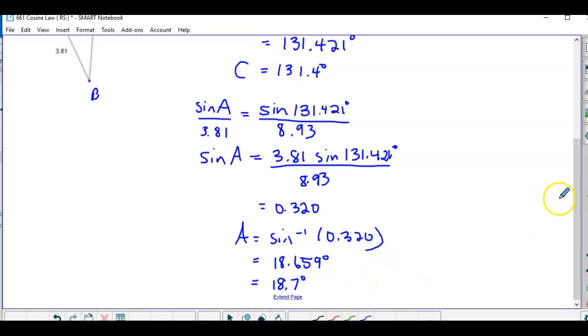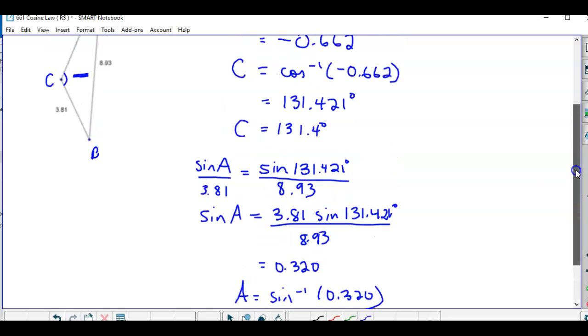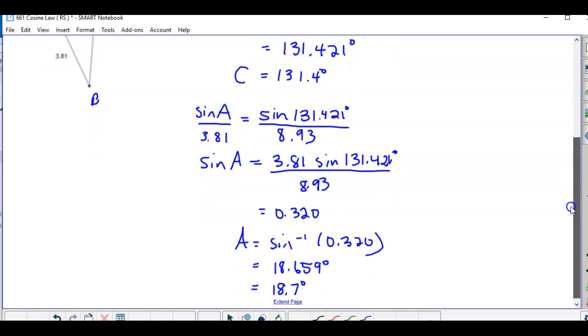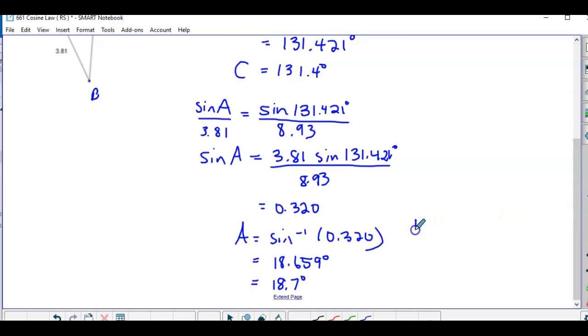Okay. And then, so now we've got those 2 angles, and now we want to find angle B. And so we can get angle B by subtracting from 180. Now, I'm going to subtract the 3 decimal places.